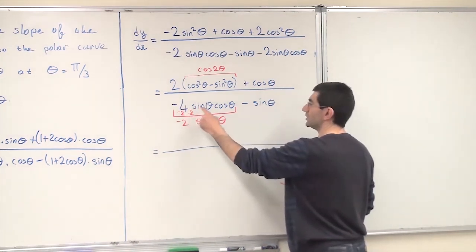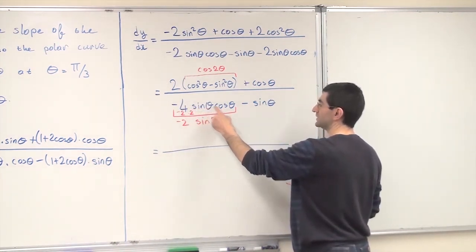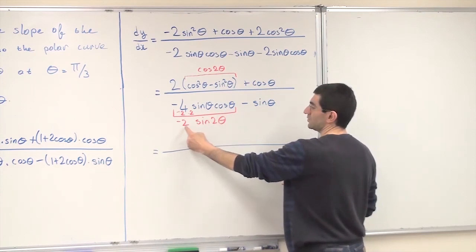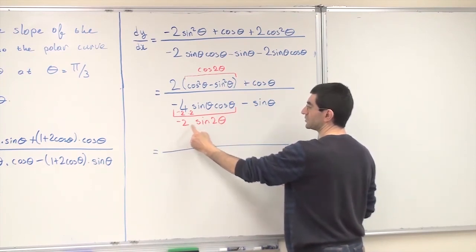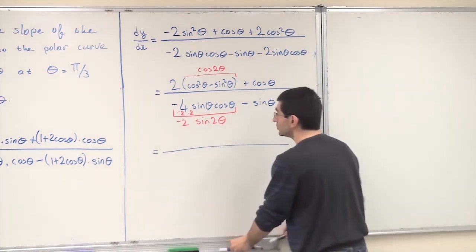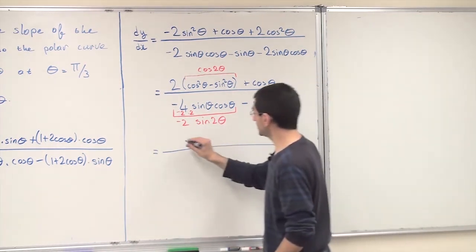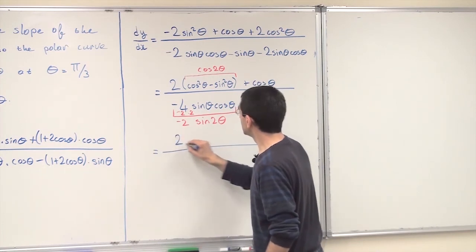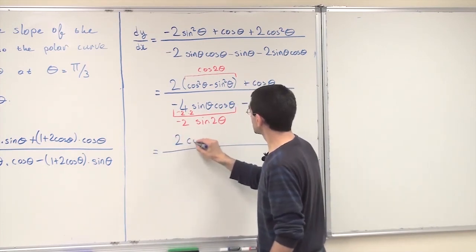So the negative 4 times sine theta cosine theta can be written as negative 2 sine of 2 theta. So using these trigonometric identities, let's rewrite our slope formula.